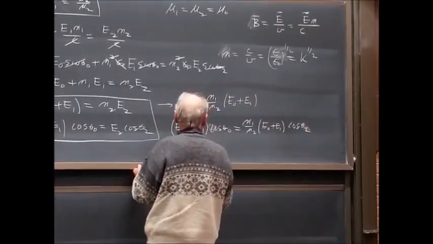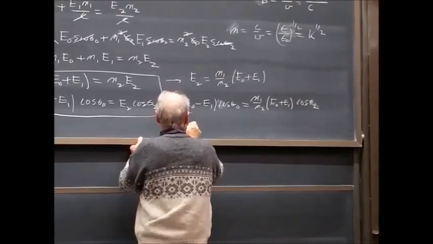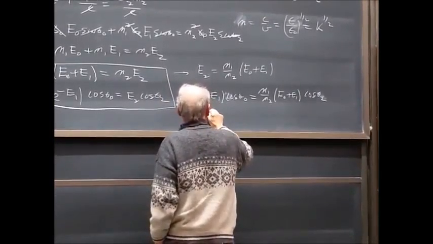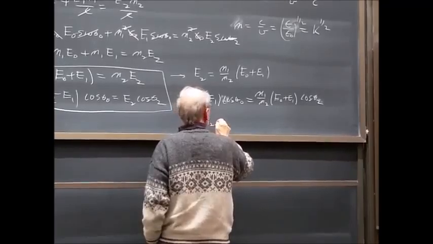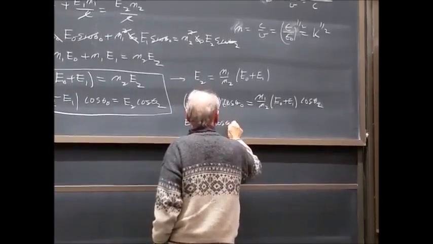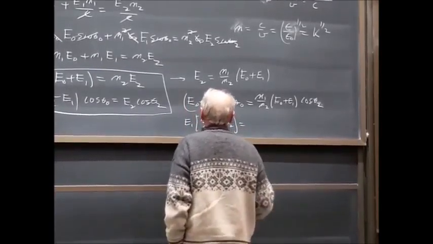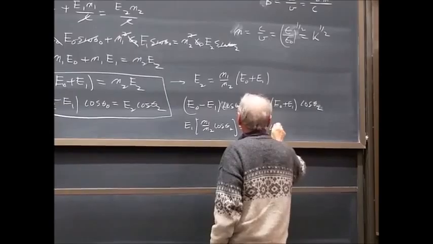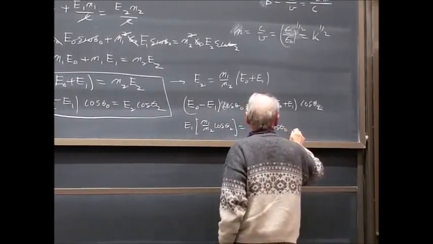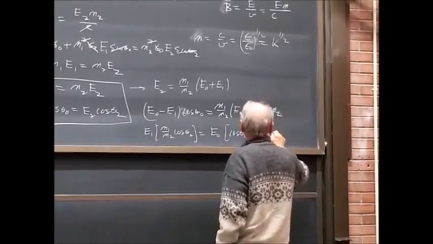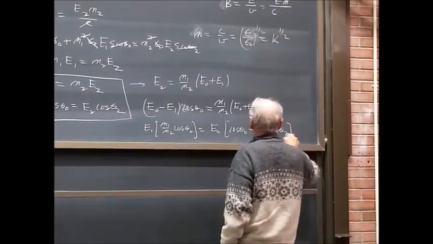So we'll get the E1s together, and we get E1 times N1 over N2 cos theta 2 equals E0 cos theta 0 minus N1 over N2 cos theta 2.